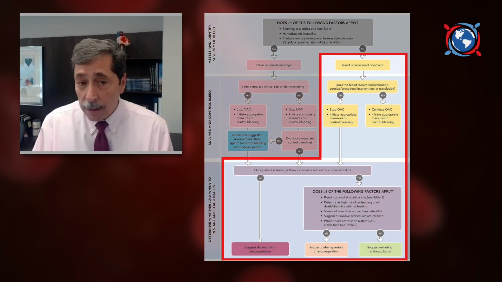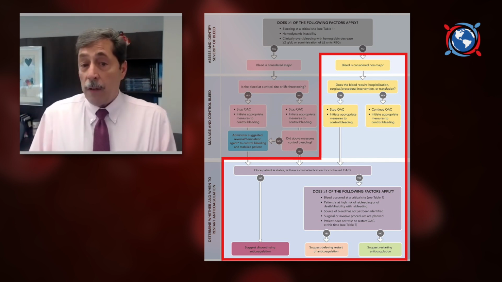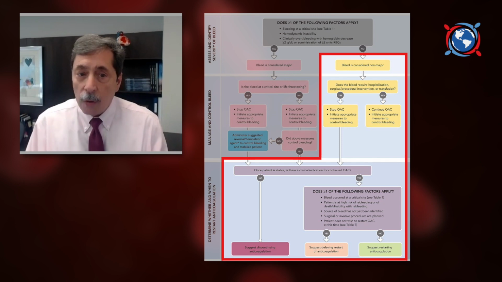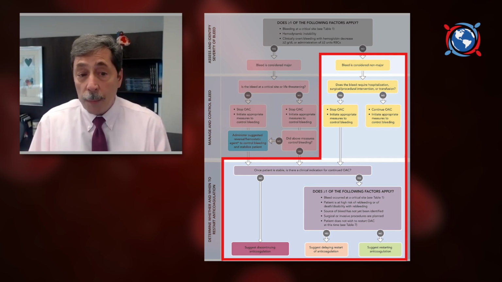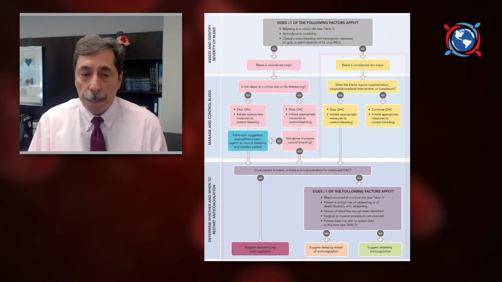If it's the latter, then a series of questions regarding the need for intervention and hospitalization directs the question of whether or not anticoagulation should be interrupted. Implicit in this question is, what was the original underlying indication for the patient to be anticoagulated? If there is a need for interruption of therapy, then considerations regarding resuming anticoagulation are also addressed. Again here, the indication is central to answering this question.